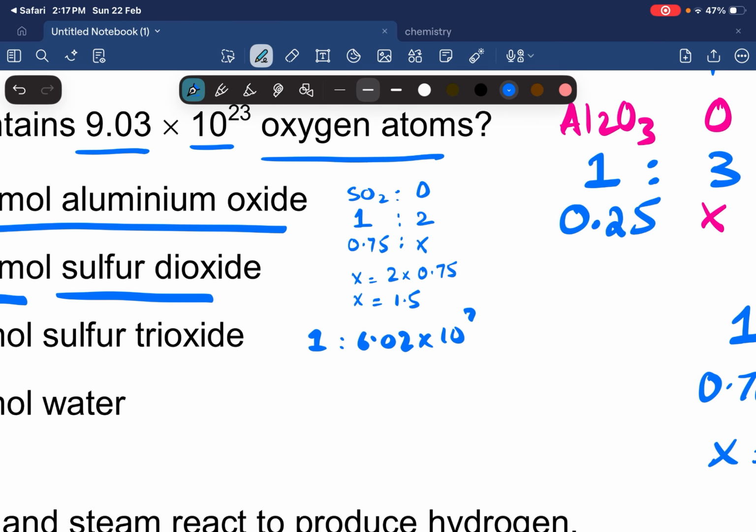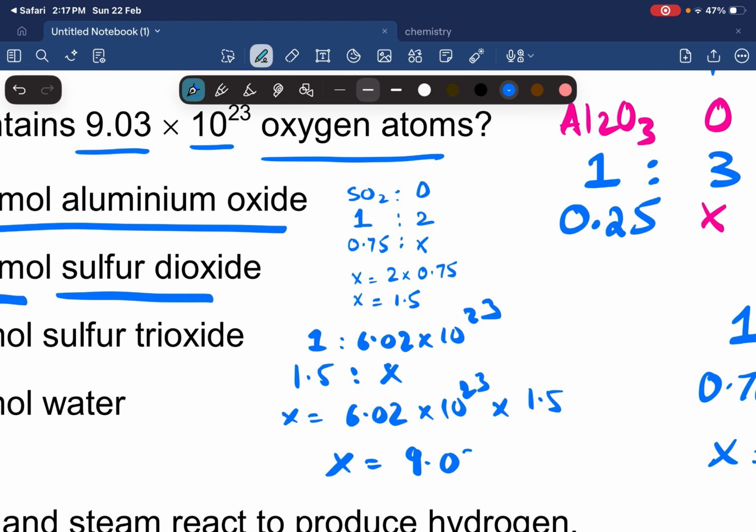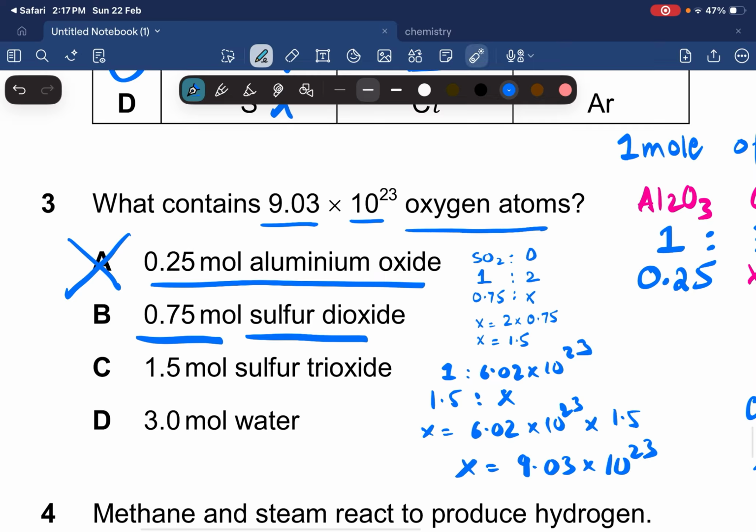So 1.5 moles of oxygen is gonna have X particles, and X comes out to be 6.02 into 10 exponent 23 into 1.5. That gives me 9.03 into 10 exponent 23 atoms of oxygen, right? Which makes option B the correct answer.